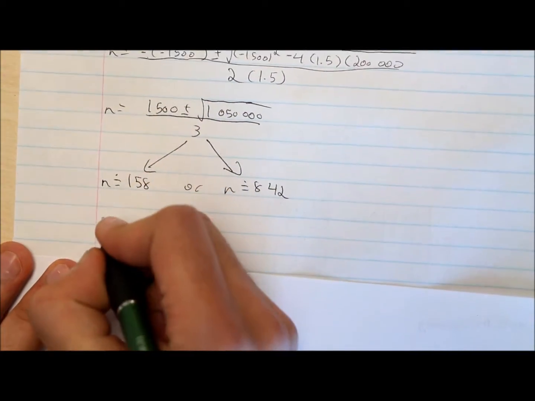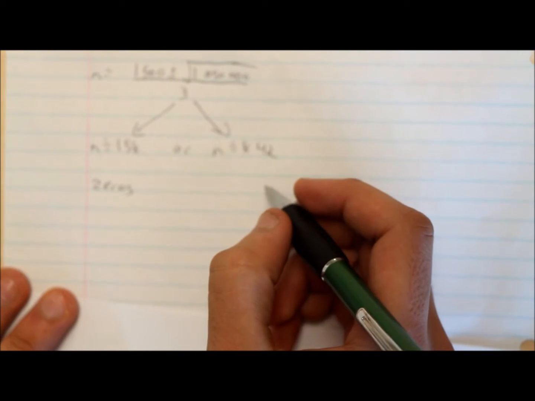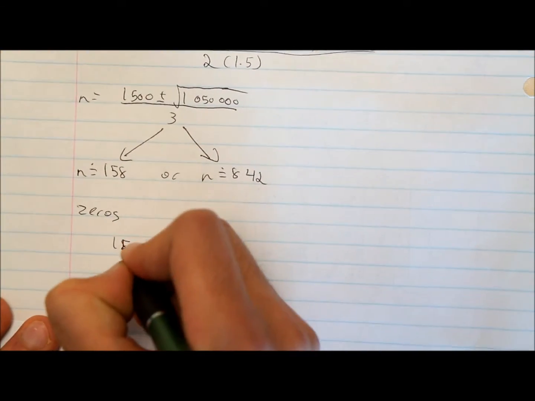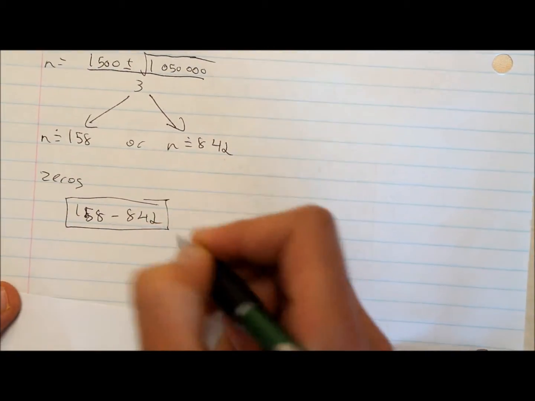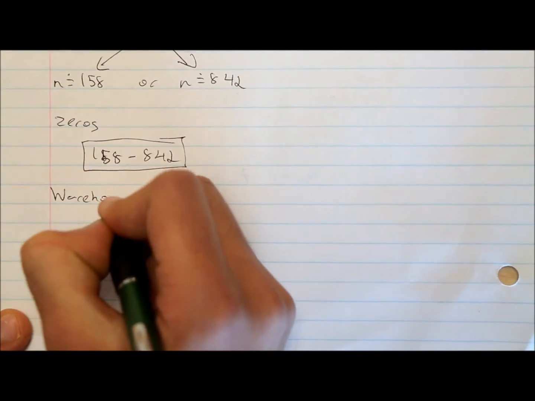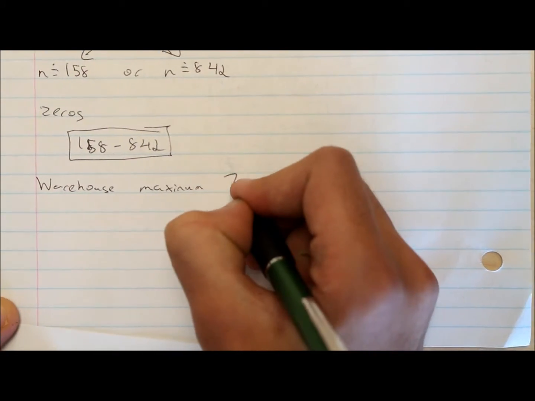These values are both of your zeros, and what they state is that you have to have a value in between 158 and 842. But if we go back and read the question, the warehouse's maximum availability at any given time is 750.